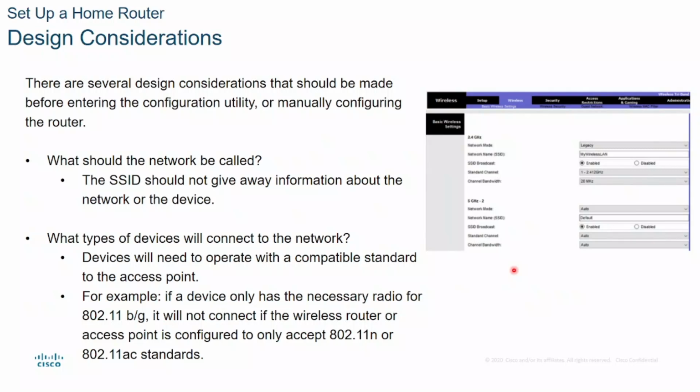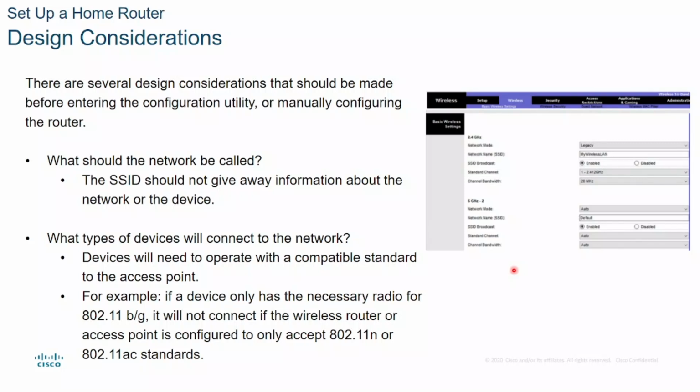There are several design considerations that should be made before entering the configuration utility or manually configuring the router. What should the network be called, which is the SSID? The SSID should not give away information about the network or the device. What type of devices will connect to the network?